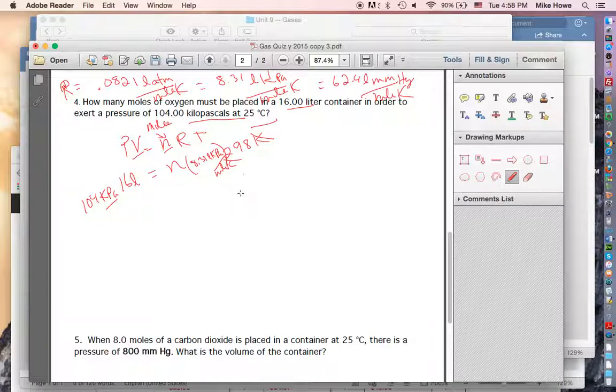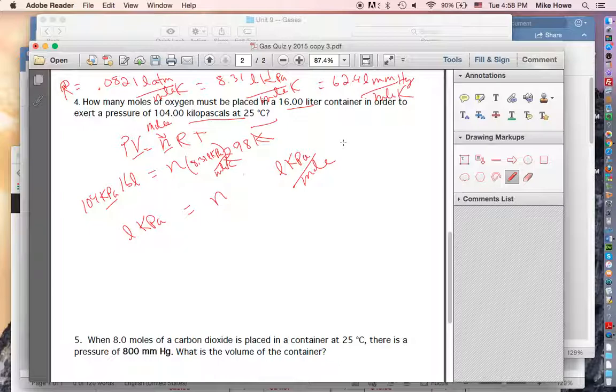On this side, nothing cancels, so our units on this side are going to be liter kilopascals, and on this side, it's going to be N, some number, and our unit is going to be liter kilopascals per mole. So I'm going to pause and do the math, and then we'll see if you get what I do.